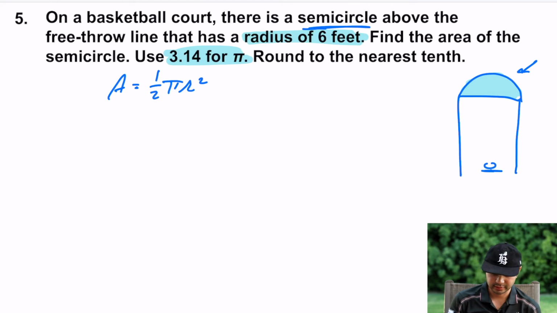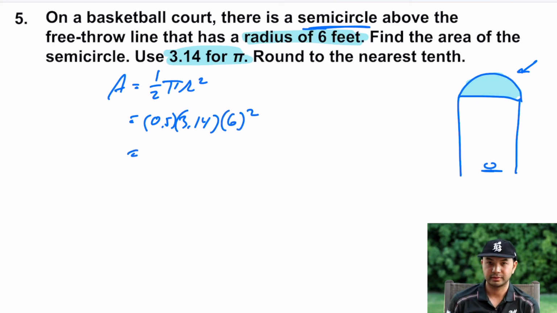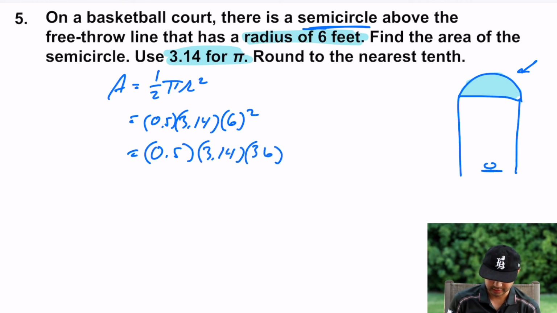Area equals pi times radius squared, and let's make sure you remember that we're talking about the semicircle. So it's 1/2. So 1/2, 3.14 is there. If it feels weird for you to do that, you could say 0.5, since you're mixing decimals and fractions, and then times the radius squared. The radius is 6 squared. All right, so again, follow order of operations. 1/2 times 3.14 times 36, and just multiply all that out.